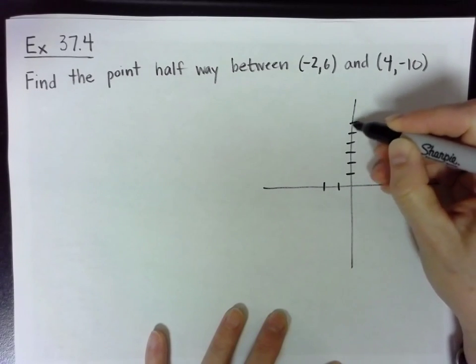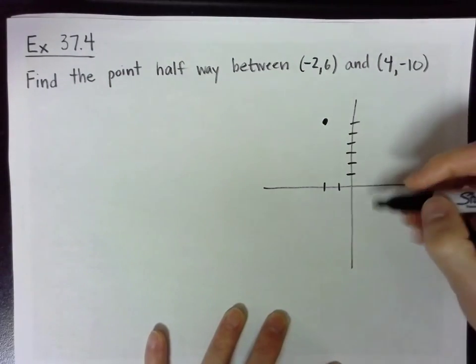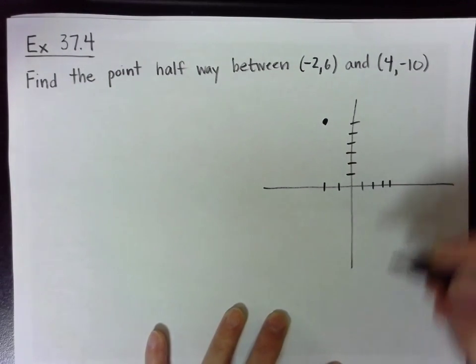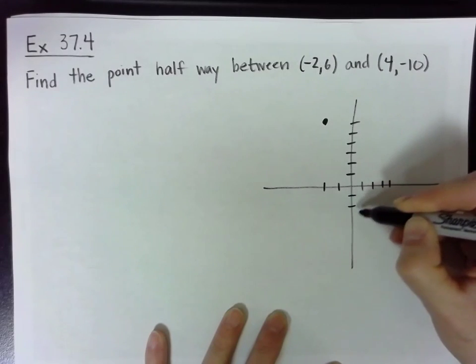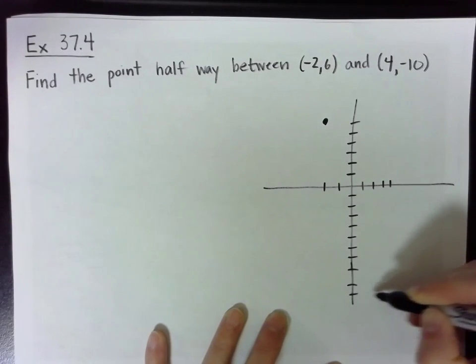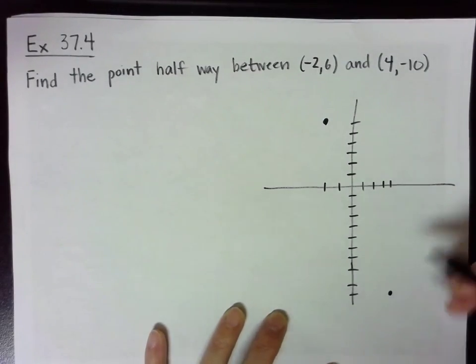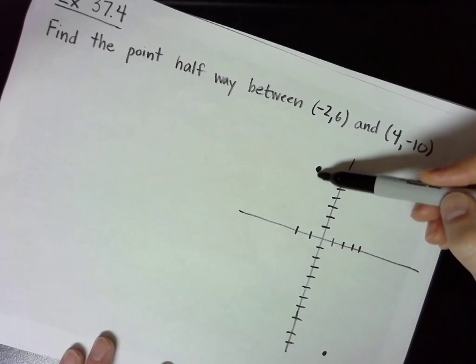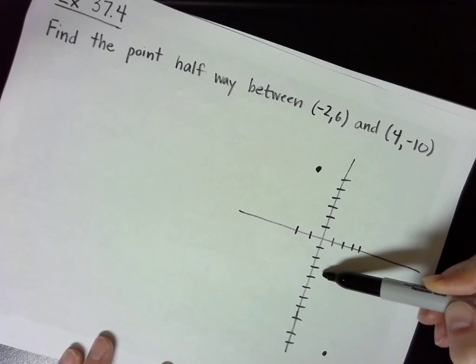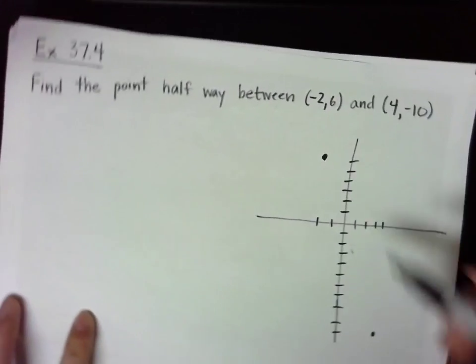So that's -2, 6, and 4, -10. And then halfway in between, I'm going to say, is about right somewhere in here.